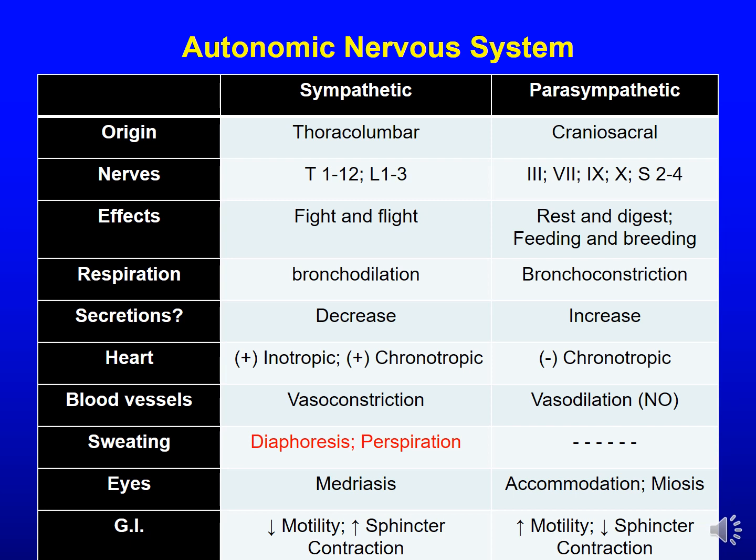Now, one thing I want to mention here, and that's why I put the effect of sympathetic on sweating in red, is that the sympathetic nervous system is the only system that innervates the sweat glands, plus this is an exception in the case of neurotransmitters used in the sympathetic nervous system.